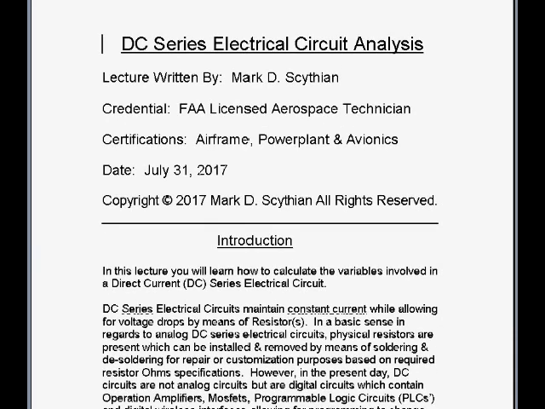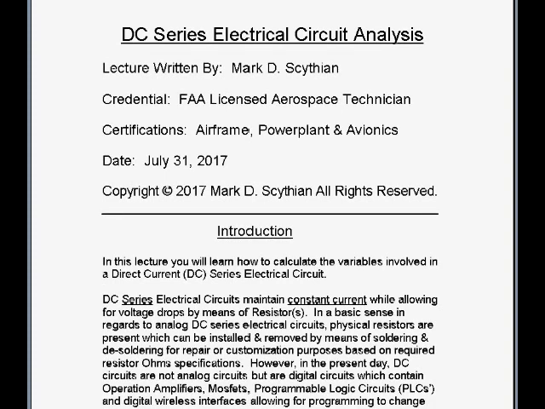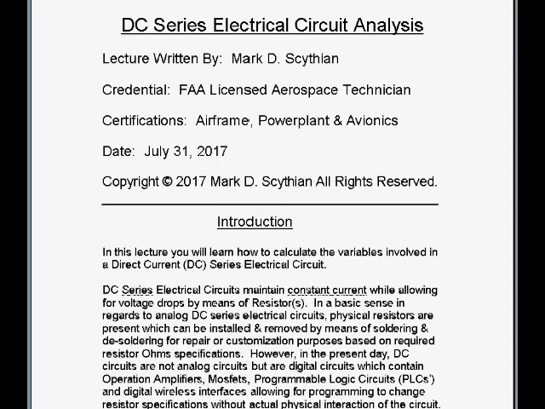In a basic sense, in regards to analog DC series electrical circuits, physical resistors are present which can be installed and removed by means of soldering and desoldering for repair or customization purposes based on required resistor ohms specifications.